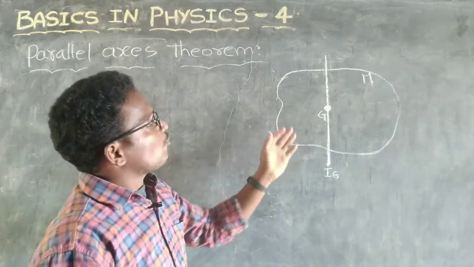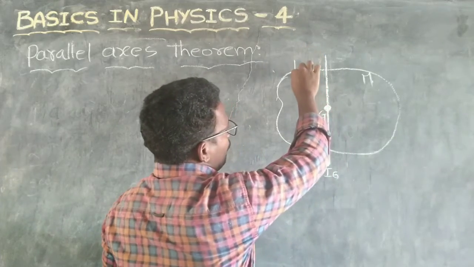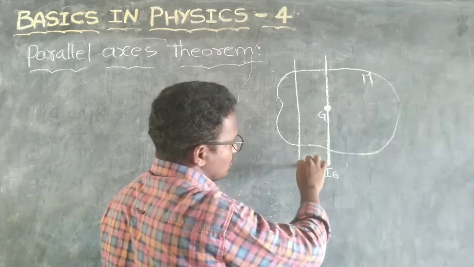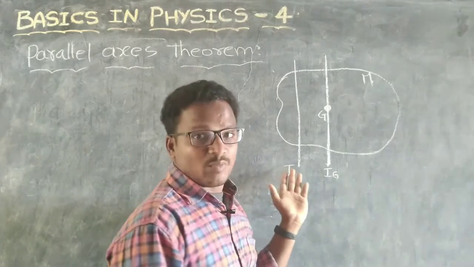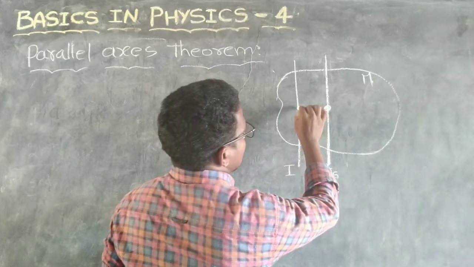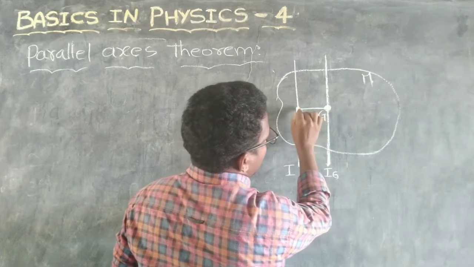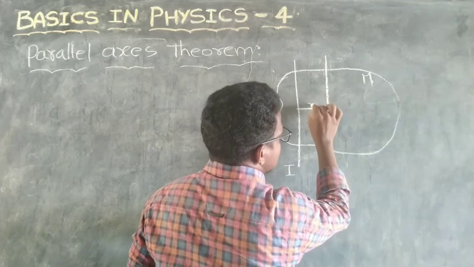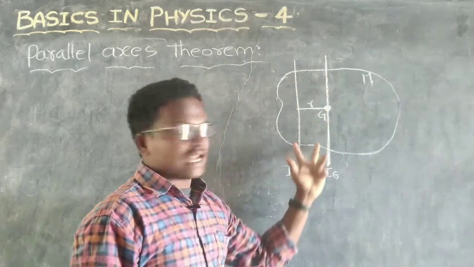See one more axis. I'm taking one more axis here. This time I'm calling it I, which means moment of inertia. Here also the center is there. In this center we draw one line, that is the distance, the distance between two parallel axes.